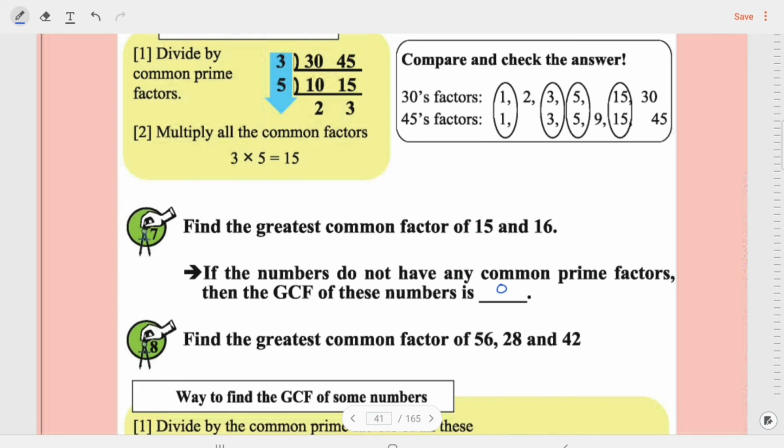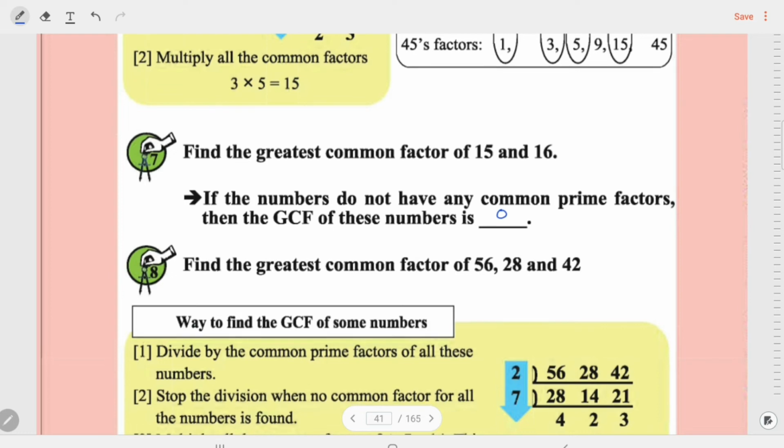Find the greatest common factor of 56, 28 and 42. Again proceed by the method which we discussed earlier, the prime factorization method, 56, 28, 42 like this.